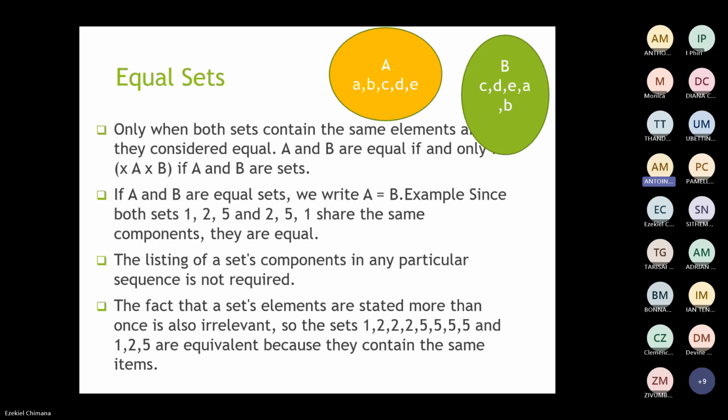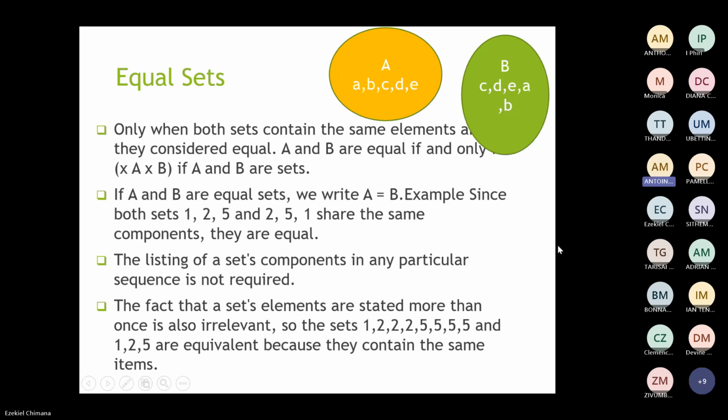A has A, B, C, D, E in sequence, but B starts with C, D, E, A, B, and they are considered equal, no matter the order in which the elements are written.